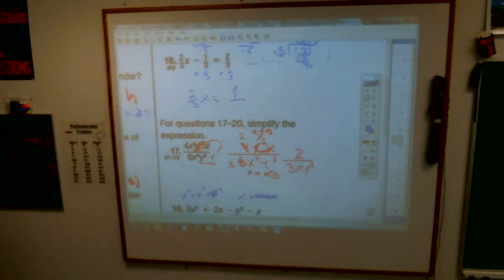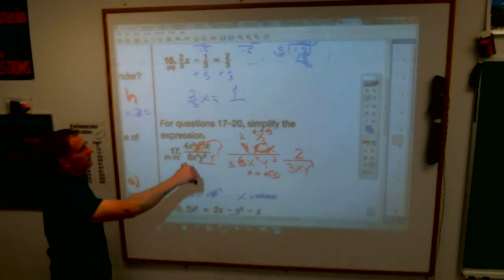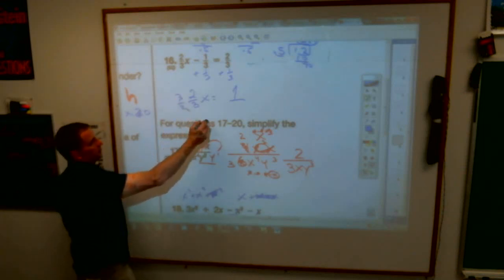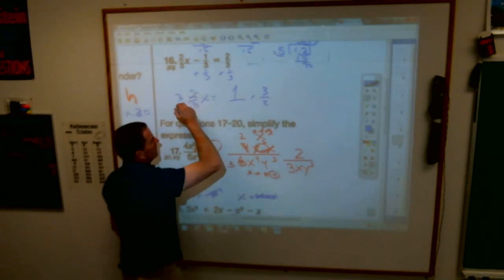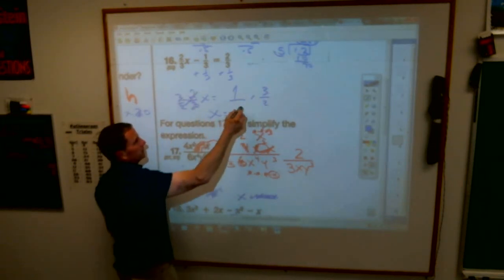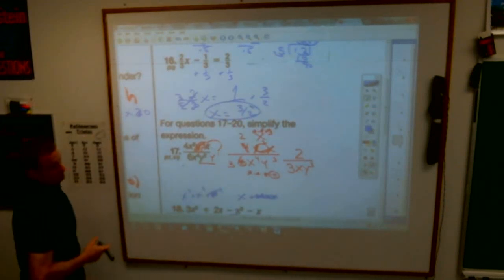If there's a fraction in front of the letter and you want to solve it, what do you do to it? Flip and multiply. So you need to flip and multiply by 3/2, and that's your answer. x equals 1 times 3/2, which is 3/2.